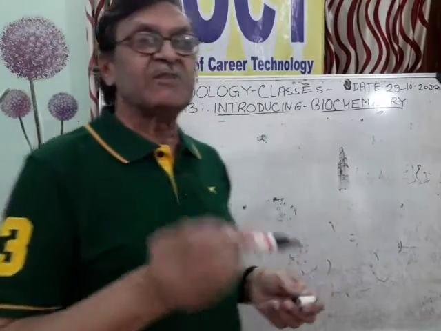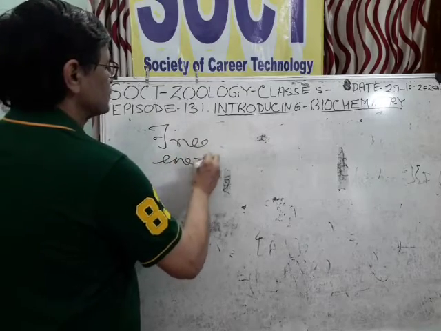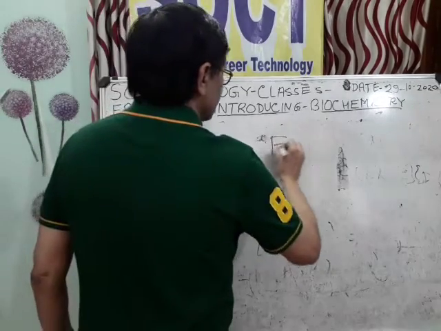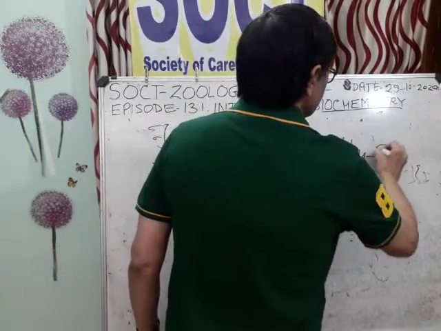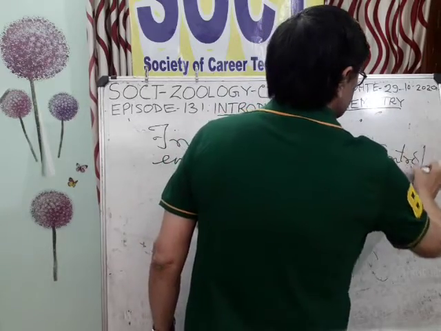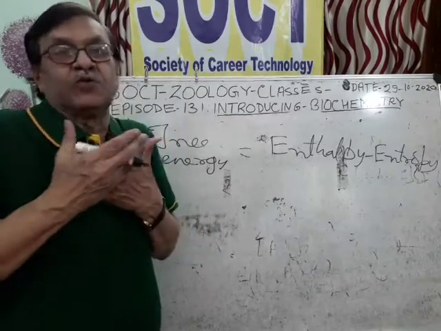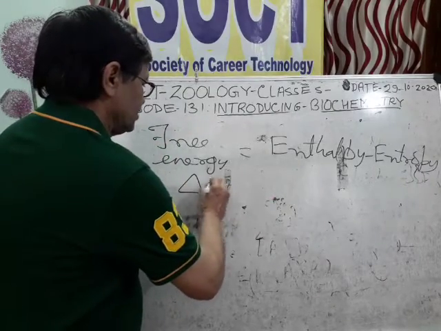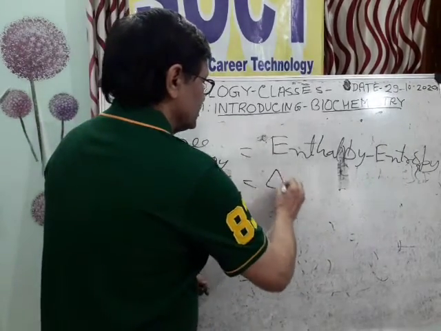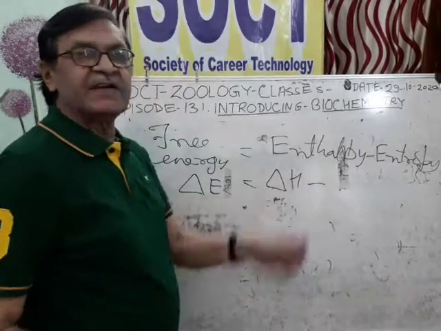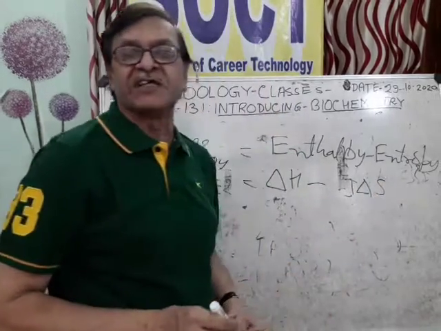So the second law of thermodynamics says that free energy is equal to enthalpy minus entropy. Free energy, the energy which becomes available to us, is also called delta G. Enthalpy is the total energy content of a system, called delta H. And entropy is designated by T delta S, where T is the absolute temperature.